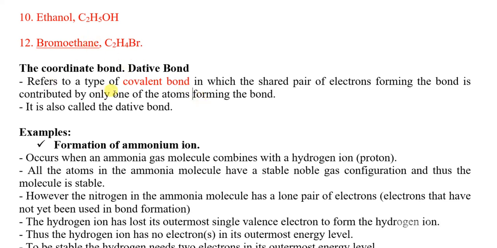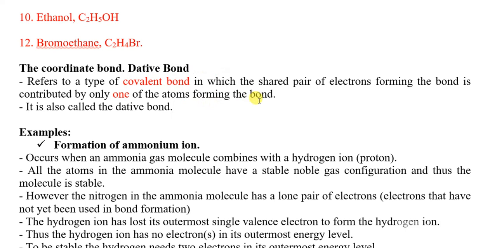So this refers to a type of covalent bond in which the shared pair of electrons forming the bond is contributed by only one of the atoms forming the bond. Unlike in a covalent bond, where both atoms provide electrons to be shared.